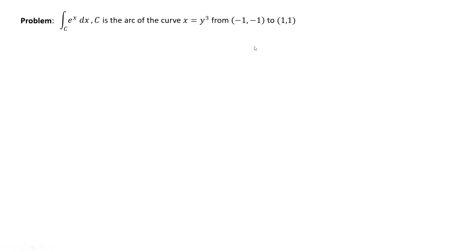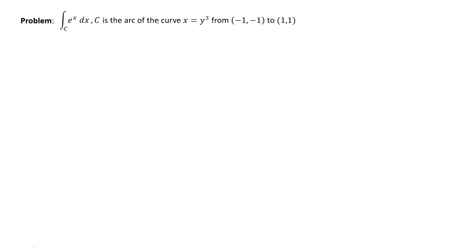Take a look at it. Can you write this curve as a parametric curve? Truth is, it's not really that difficult. For example, we are given that the curve is x equals y cube, right? So the trick at this time is to say y equals t.